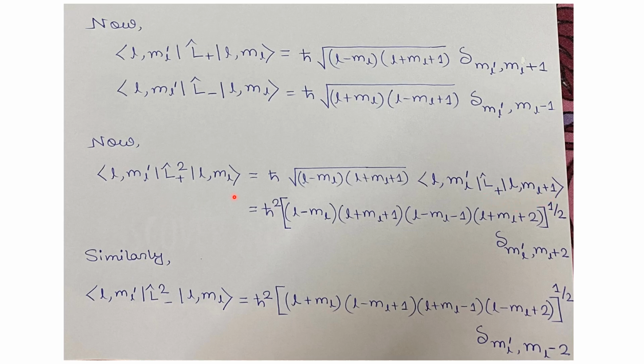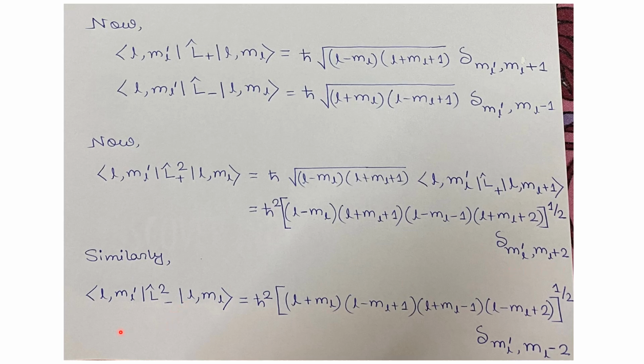So this state is already raised by 1 because of this operation of L plus one time. So after this operation we will get ħ square times [(l minus ml) times (l plus ml plus 1) times (l minus ml minus 1) times (l plus ml plus 2)] to the power half, multiplied with the delta function, delta of ml dash, ml plus 2. So it will be non-zero when ml dash equals ml plus 2.